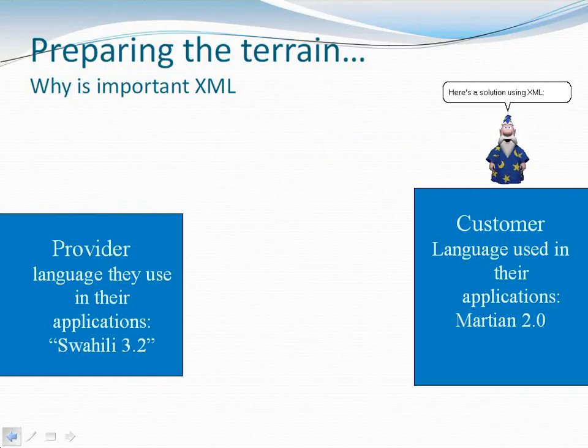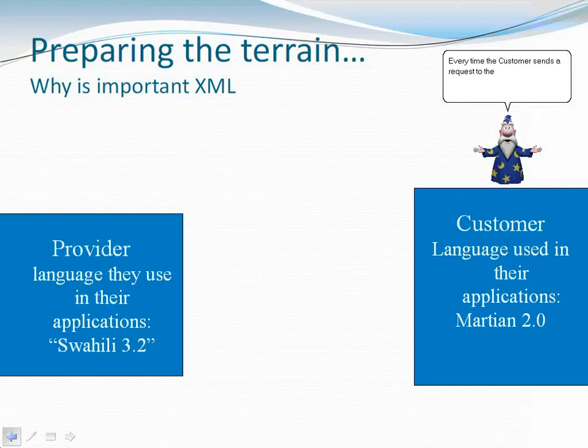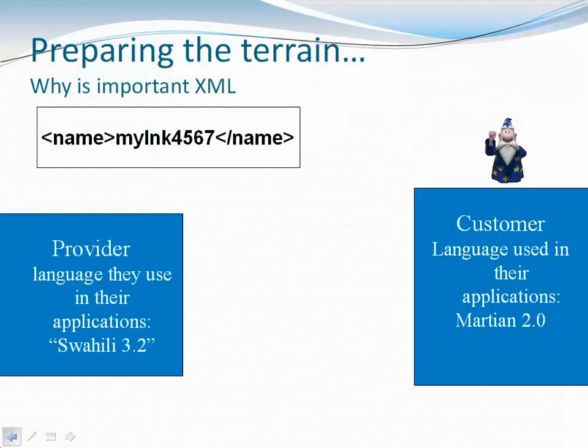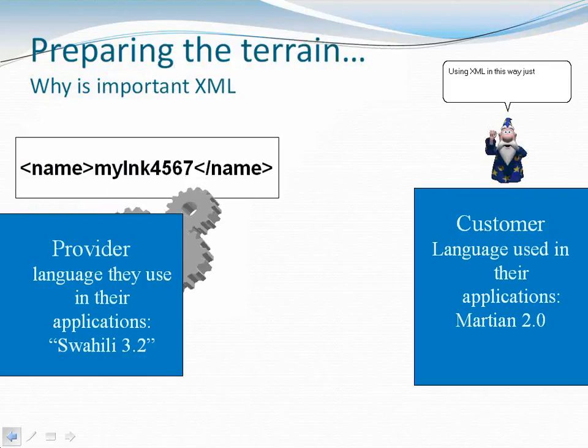Here's a solution using XML. Every time the customer sends a request to the provider, use the XML format to specify the name of the product. Using XML in this way just requires minor changes to the Martian 2.0 system.